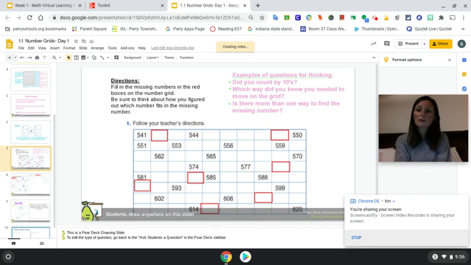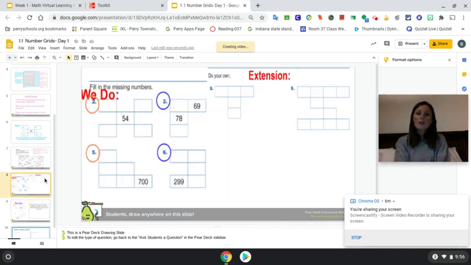I just want you to fill them in. Then I want you to do it where it doesn't give you any numbers near it, just like my model. If you could do this with somebody at home, that would be a really good help. You can talk it out and think it through. Here's even an extension where you get to create your own. Put any numbers you want anywhere here, and then see, could you fill it out?